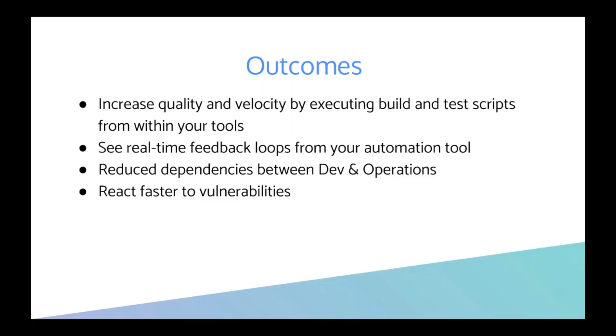We'll have an example of that in the demo, how we go about doing that. And then also we want to be able to react faster to whether it's vulnerabilities, market pressure, defects in a release, whatever it is, we want to be able to react faster to all those influences within our release process.